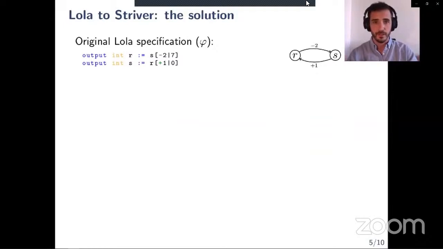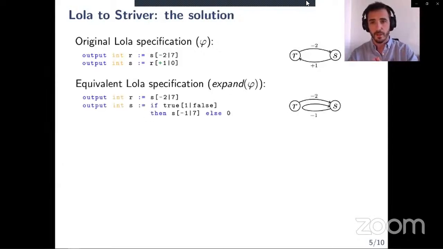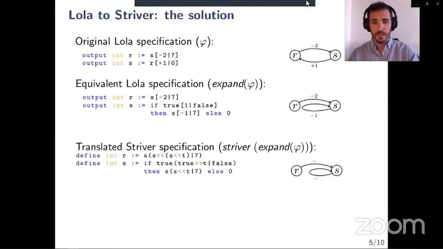To tackle this problem, what we do is translating the Lola specification to an equivalent Lola specification using our custom function expand, which essentially gets rid of cycles with edges of mixed weights. In this case, it inlines the definition of R into the definition of S, and we end up with a dependency graph which, when we translate the expanded Lola specification, gives us a legal Striver specification.